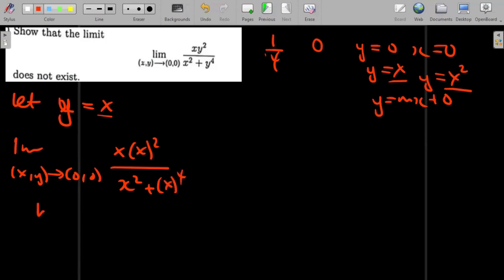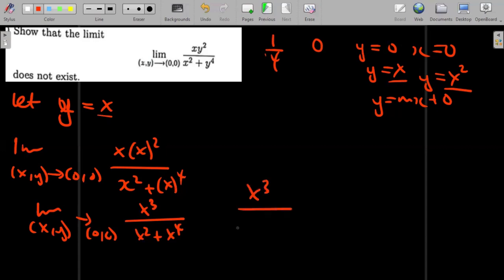This is going to give me that the limit of (x, y) as I approach (0, 0) is going to be x cubed on top, then I'll have x squared plus x to the power 4. I can factor out x squared down there, then I'll have 1 plus x squared.